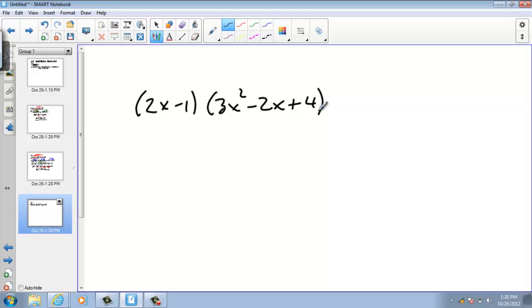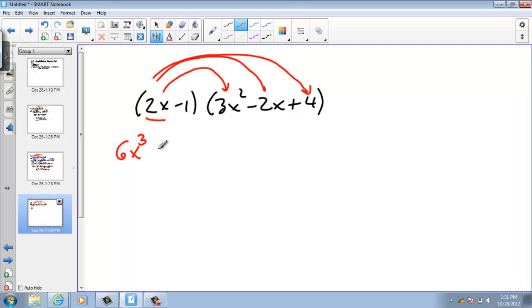So what I'll do is I'm going to take the binomial 2x minus 1, and I'm going to take each term in the binomial and distribute it to the trinomial. So if I distribute that 2x, I get 6x cubed minus 4x squared plus 8x.